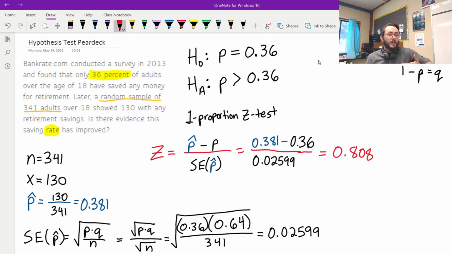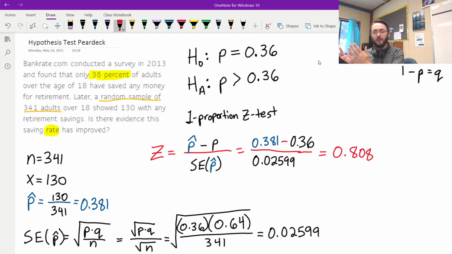And so we could have a conclusion here. Two different conclusions. One, this is a z-score, so we can go by the rule of two. Our z-score is not at least 2. It's not greater than 2 or less than -2.